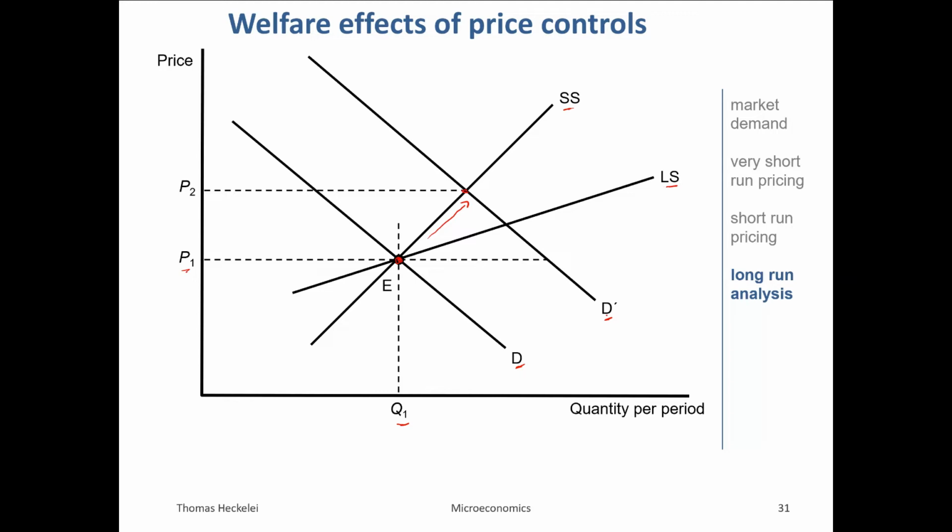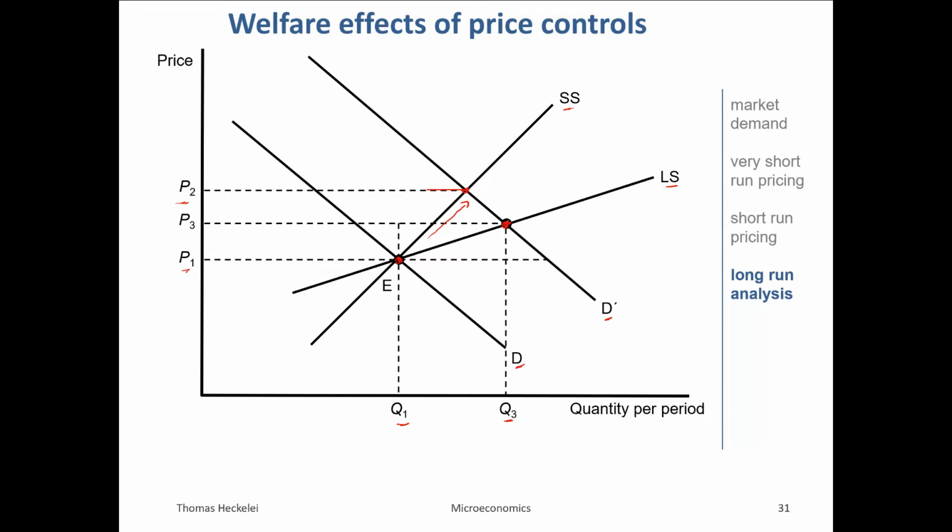And at this new short-run equilibrium, the new short-run equilibrium price P2 prevails. That's the second episode. And then come the adjusting episodes where new firms enter and increase the industry output up to the level where the typical firm makes no profit anymore, getting to the new long-run equilibrium.